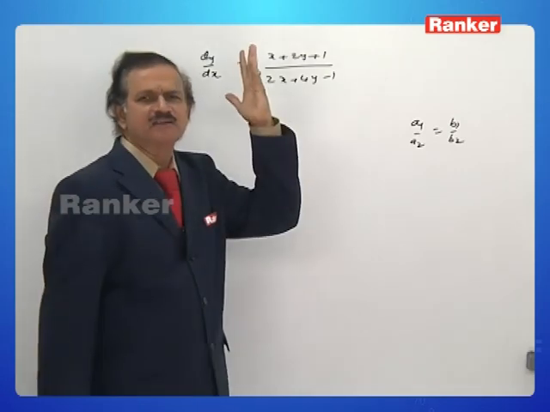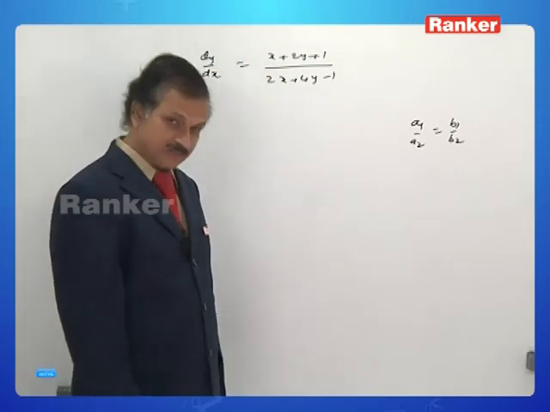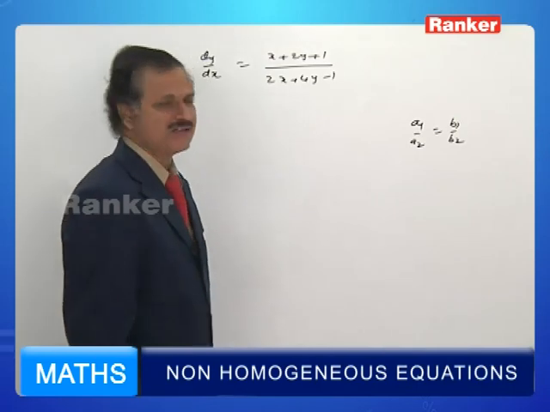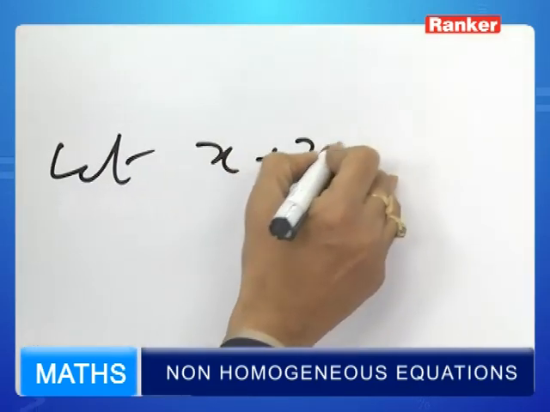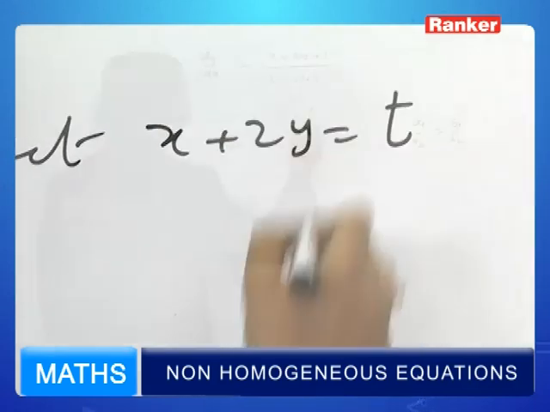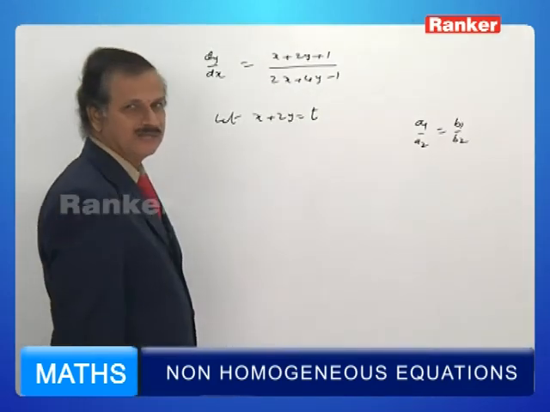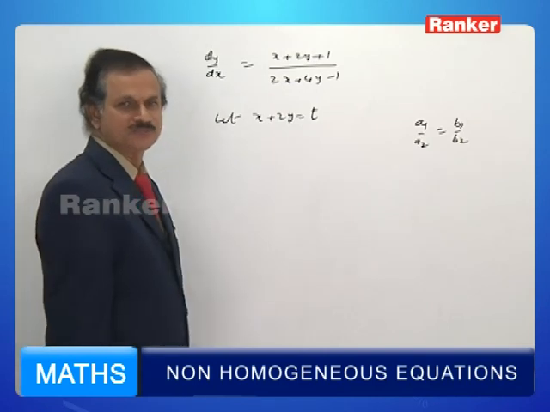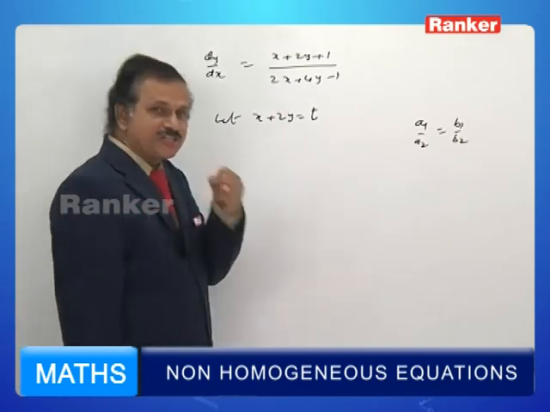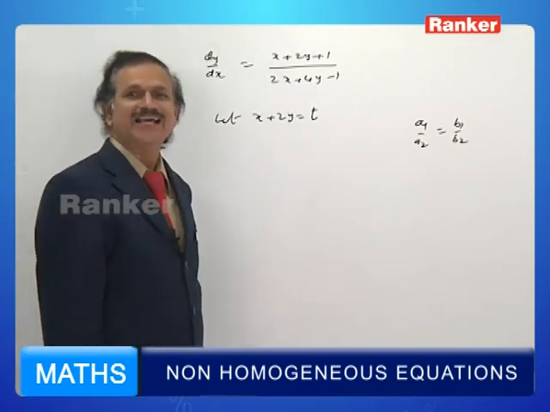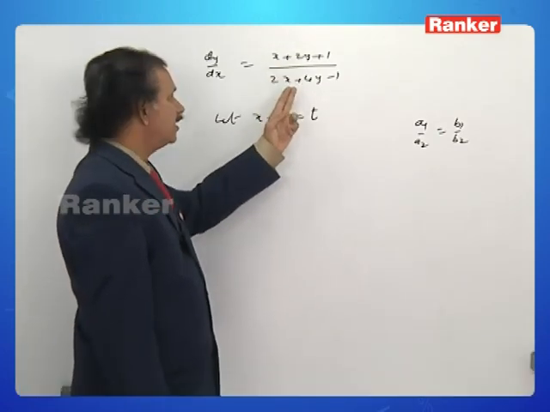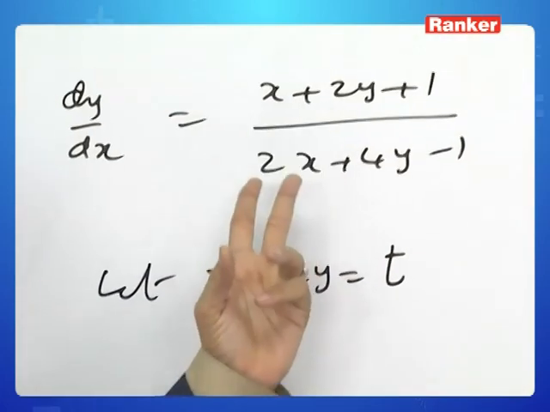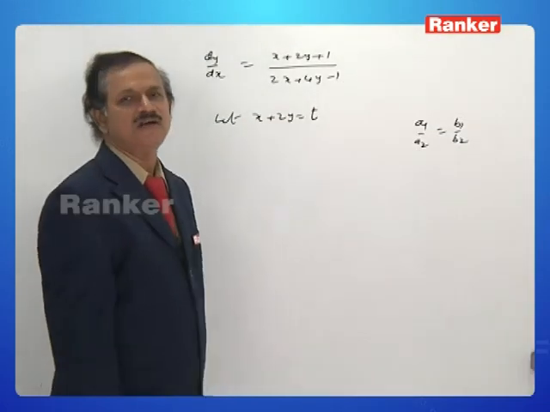It can directly be converted into variable separable model. Let us observe that. Let x plus 2y is equal to t. Why should you take x plus 2y only as t? Because it occurs twice, here and here. Here t is available and here 2t is available.